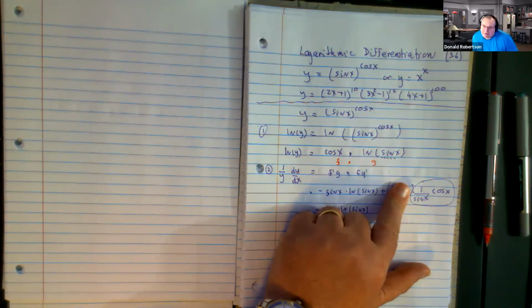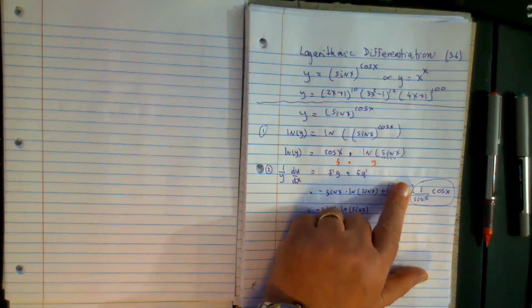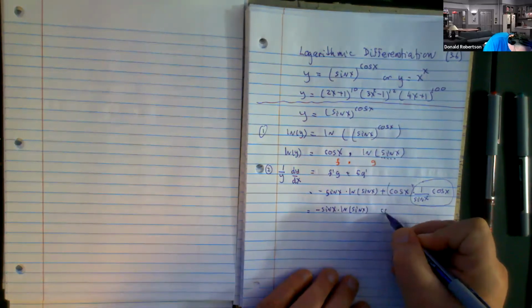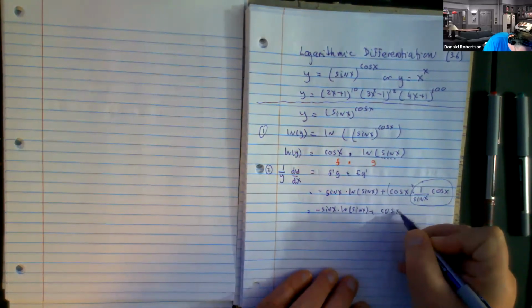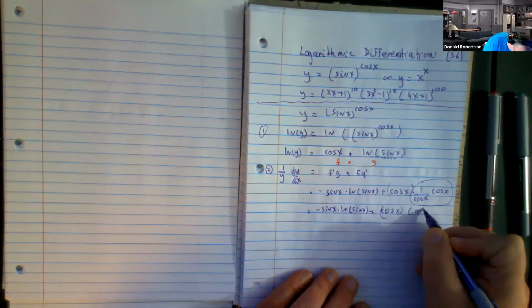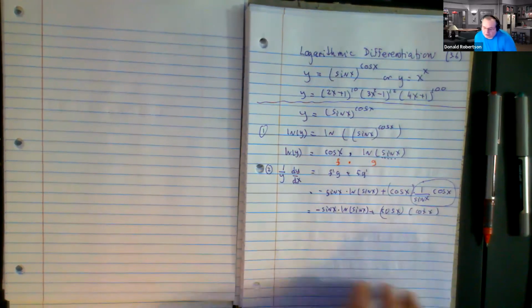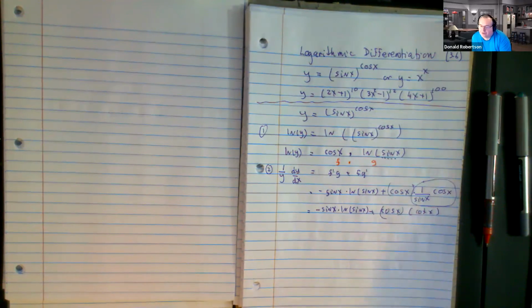And we know that in trig, very often, fractions can be turned into something else. So what can the fraction cosine x on top divided by sine x on the bottom get me? Cosine over sine. Who are you? Cotangent. That's the guy. So I now have cosine x, cotangent x.